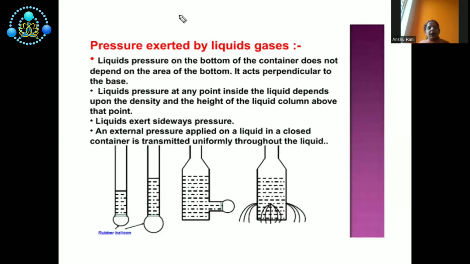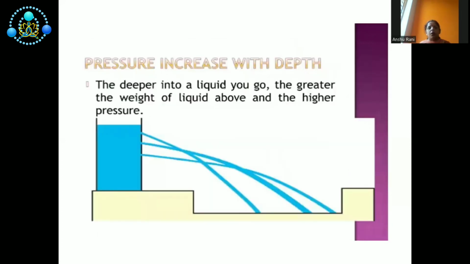Pressure exerted by a particular column of a liquid depends upon its height. Pressure increases with depth. You can see the pressure on this particular part will be more. See this?